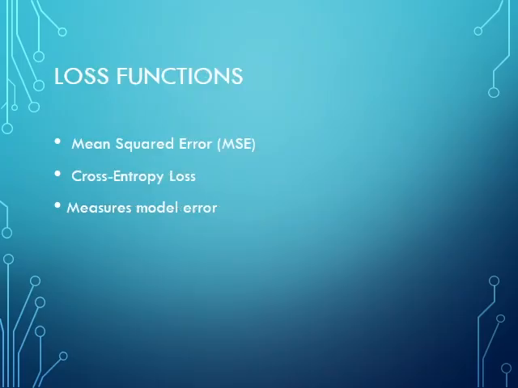Next is loss functions. The loss function tells the model how wrong it is, of course. Two important losses mentioned here are MSE, mean squared error, for regression, and cross entropy loss for classification. Training means reducing the loss.